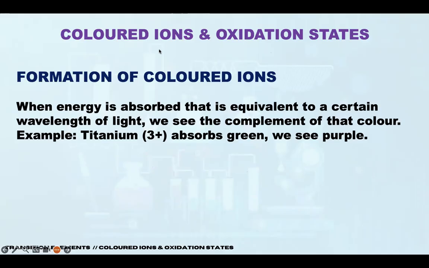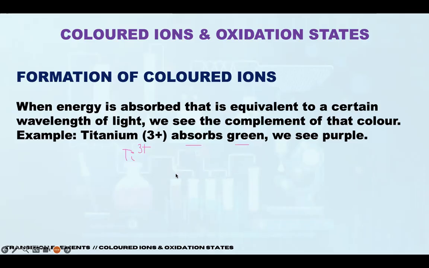So I'm going to clear these drawings that I did right there, and I'm going to just do a schematic to show you, right? So if we look at titanium, that's our transition metal, that's our first one that we spoke about. We have titanium 3+, right? So the way that titanium absorbs, they appear purple, right? But it absorbs green.